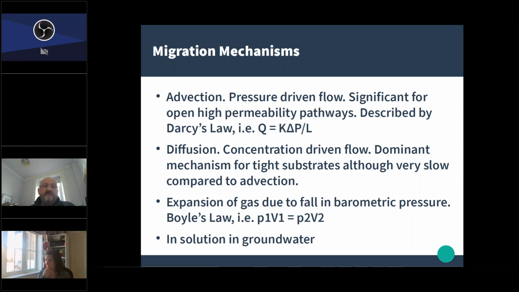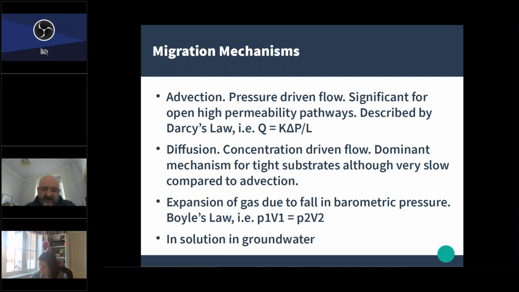And then there's diffusion, which is concentration-driven flow, going from high concentration to low concentration. It has nothing at all to do with pressure. It's just molecular diffusion, such as you might have seen at school when you're given the experiment. There's a big length of tube, and they break an ampule of bromine at one end, and see how long it takes to get to the other. And that's molecular diffusion.